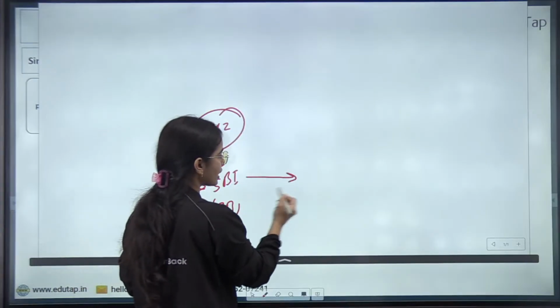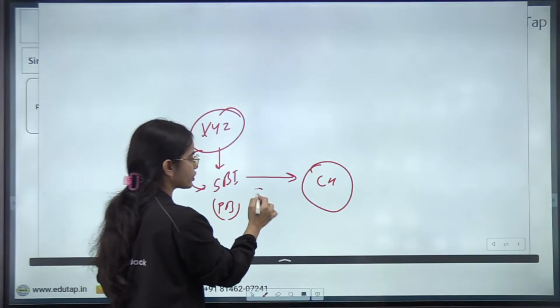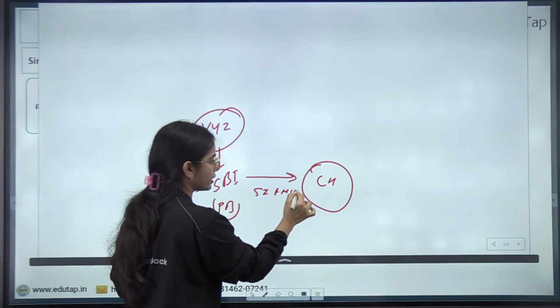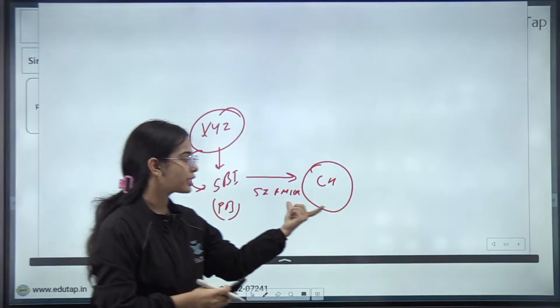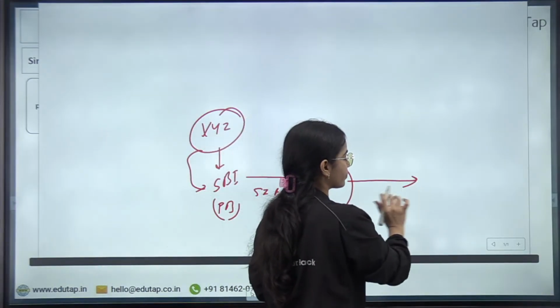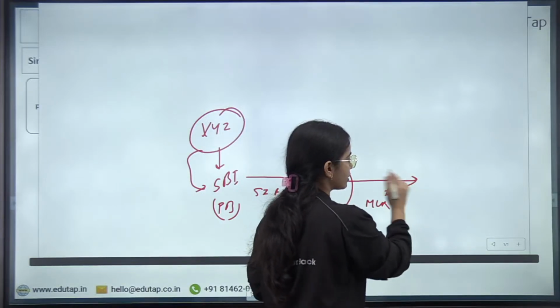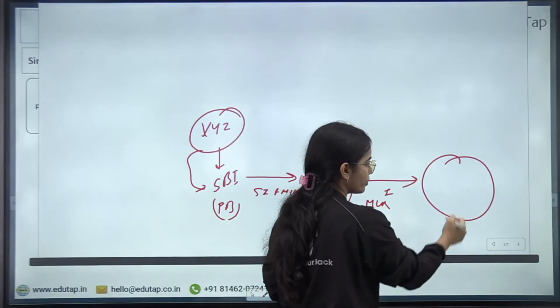Now the State Bank of India has to transfer this check to the clearing house. The scanned images and the MICR data are transferred to the clearing house. The clearing house, after verifying the basic details, transfers the scanned images of the check and the MICR data to the drawee bank.